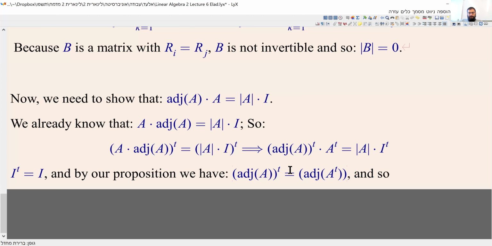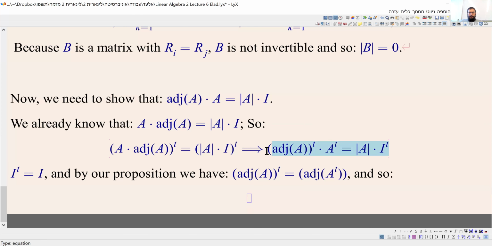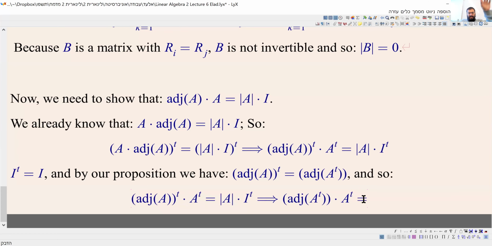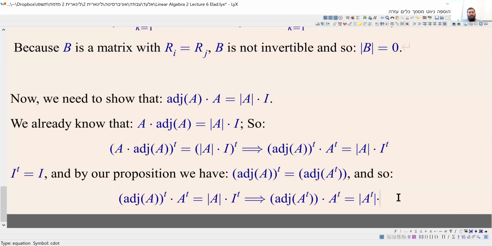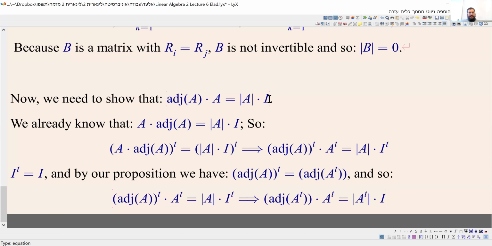So our equation becomes the adjugate of the transpose multiplied by the transpose of A. And you know what? Let's take a step forward. Instead of the determinant of A, we have the determinant of A transpose multiplied by I. And it's the same as what we wanted to prove. It's just written with A transpose and not with A.